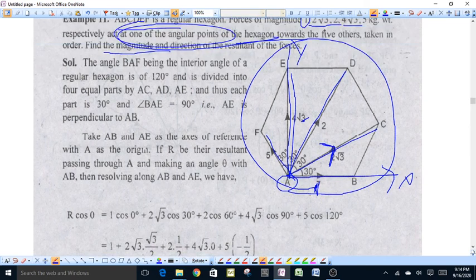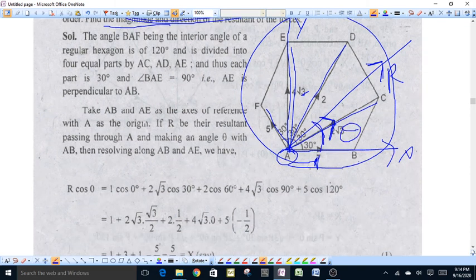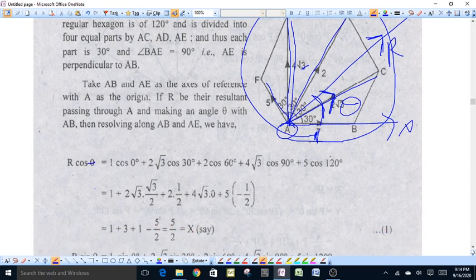Suppose their resultant is equal to R, which makes an angle theta with the positive direction of the x axis. Then the x component of the resultant will be equal to R cos theta. R cos theta will be equal to the algebraic sum of the x components of all the individual forces.